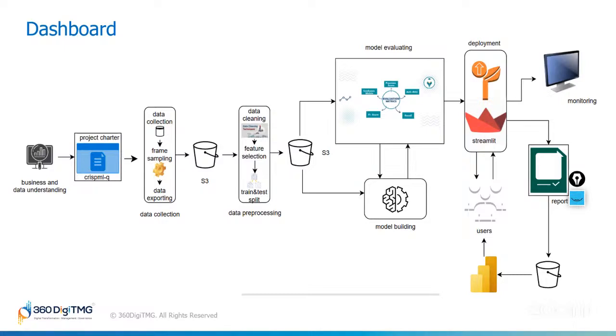Then feature selection. We will select features like rolling vibration means and temperature delta. Then we will split the data into training and testing, and write all the curated artifacts into the S3 curated bucket.